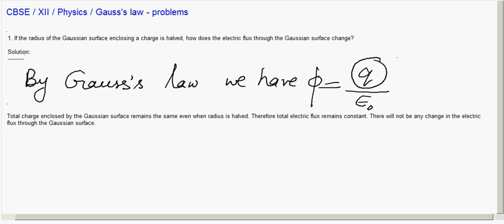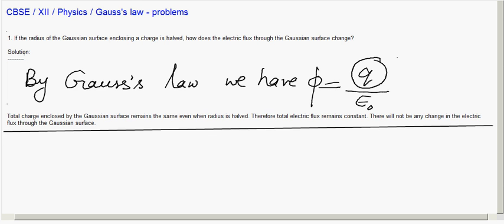Let us see another problem. Second one. A point charge causes an electric flux.